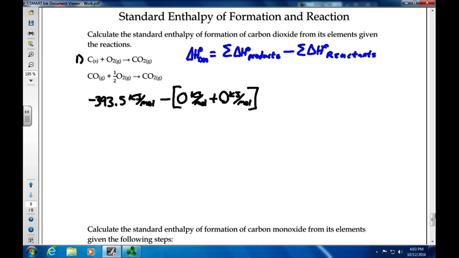So what does that mean overall? Well, that means that this reaction number 1 is going to result in a heat of reaction being negative 393.5 kilojoules per mole.